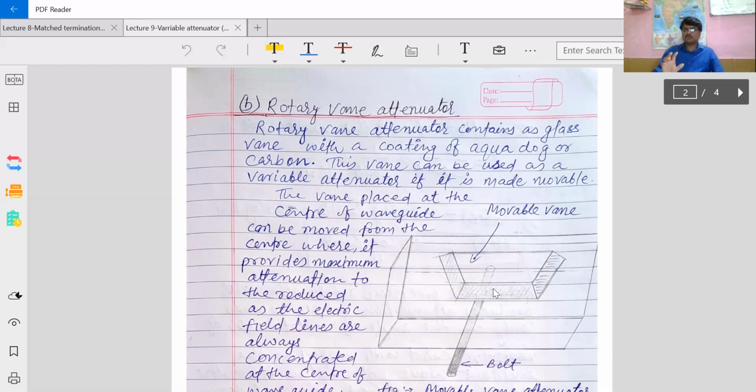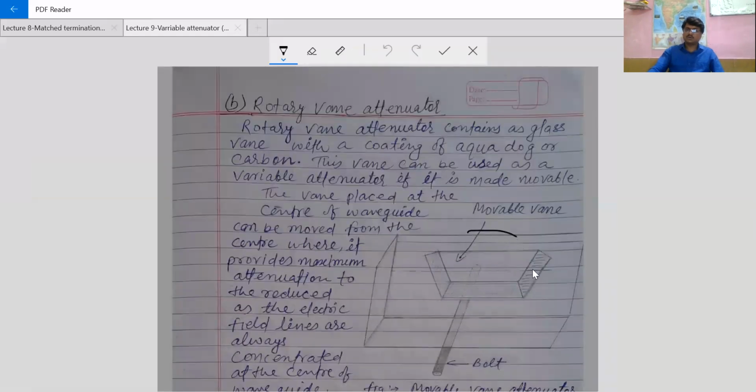So first of all, we will find the location where the attenuation is maximum, and then we will rotate it.